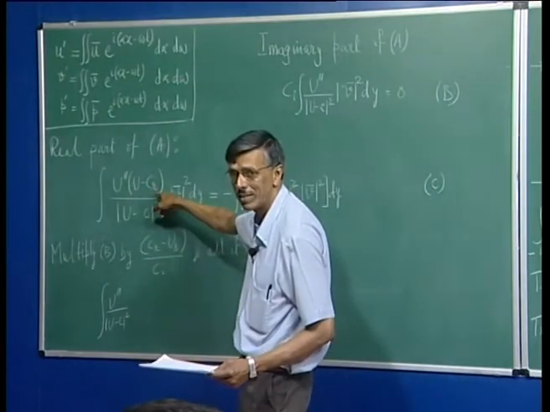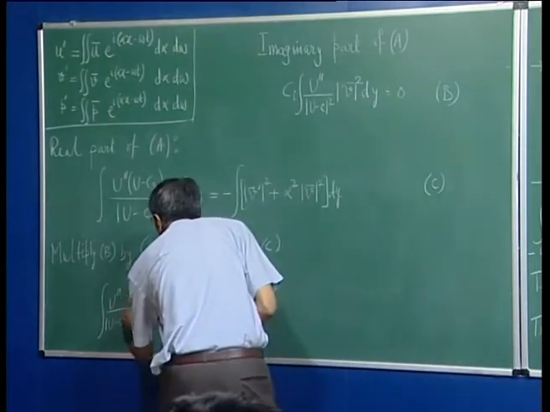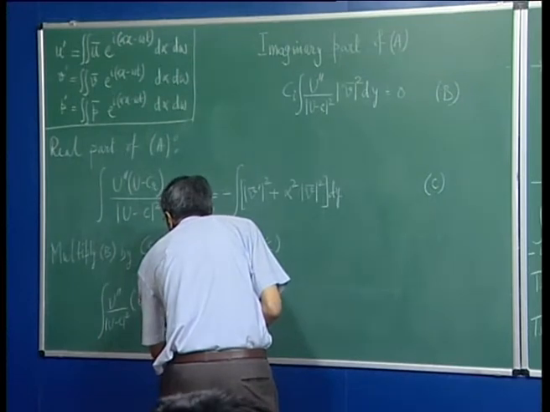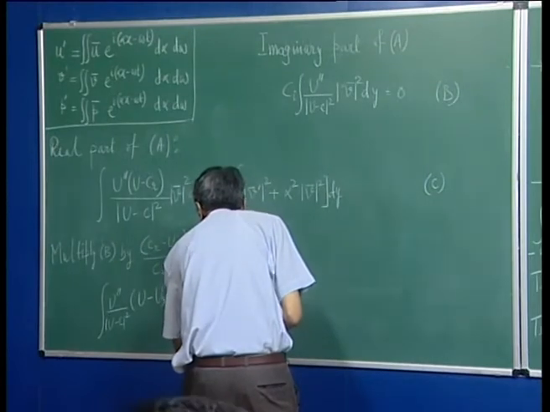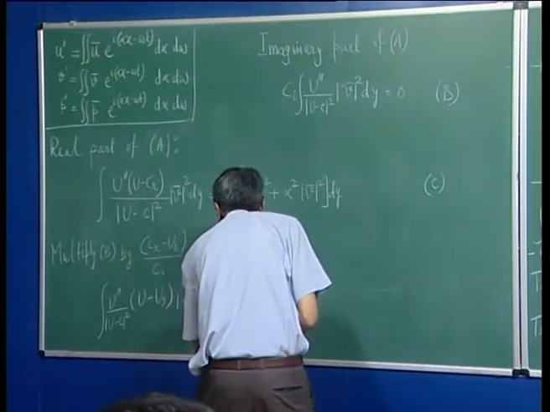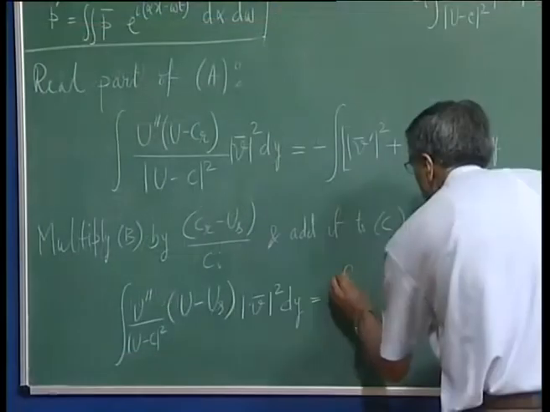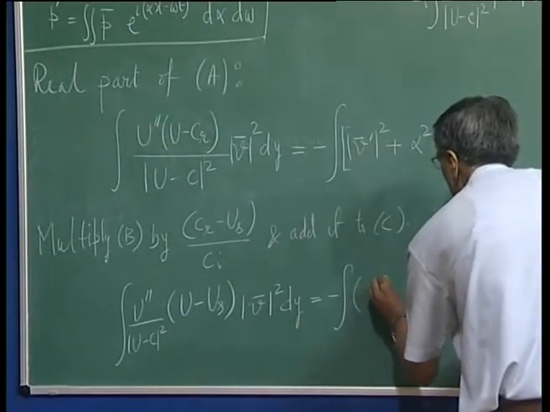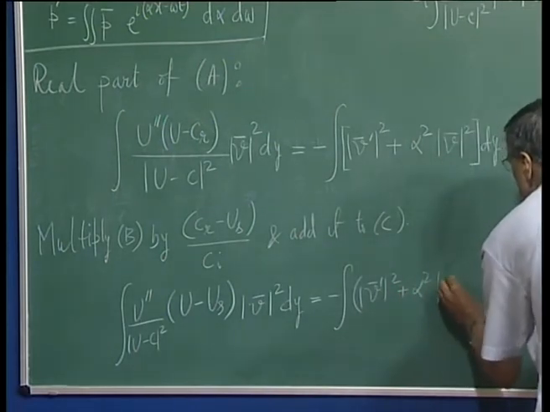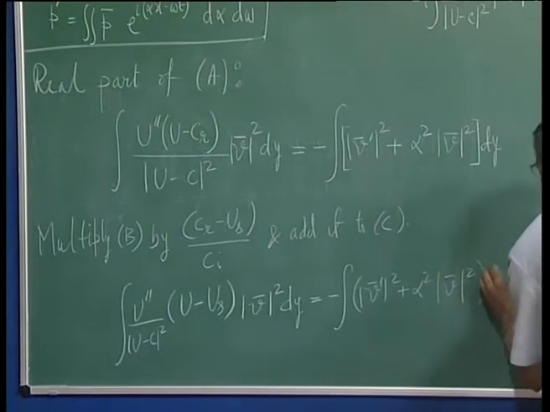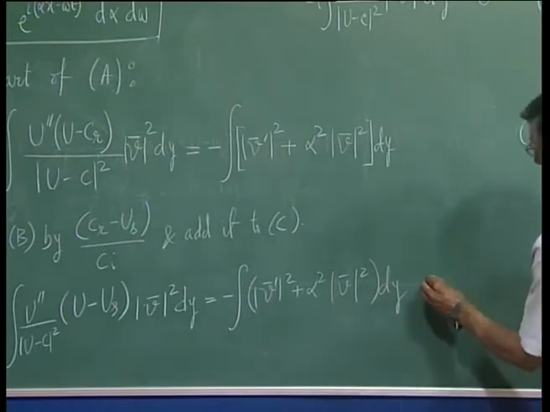So, what do I get here? c r will cancel out, and I am going to get u minus u s, okay, and times v bar square dy equal to minus of, well, we have this expression, it is this, and of course, this is less than or equal to 0.